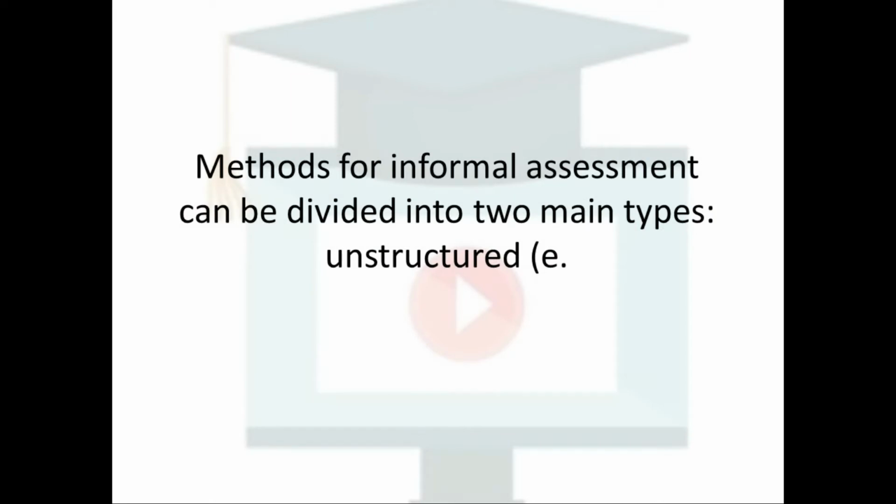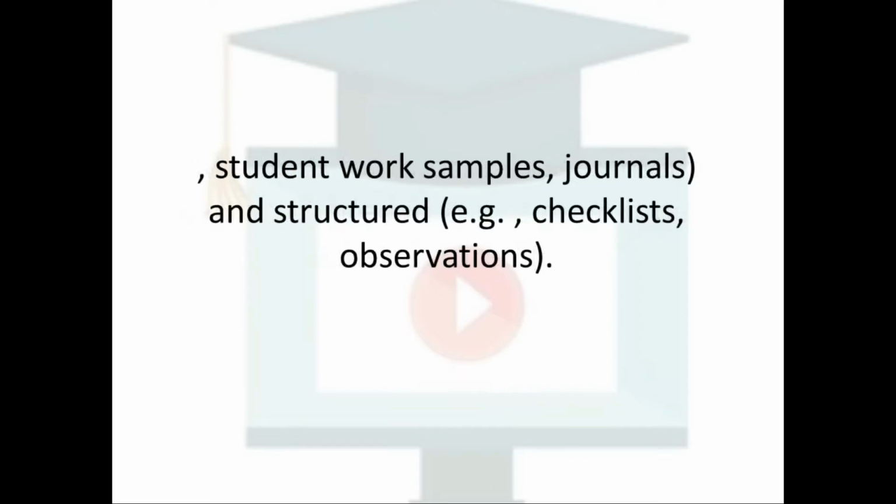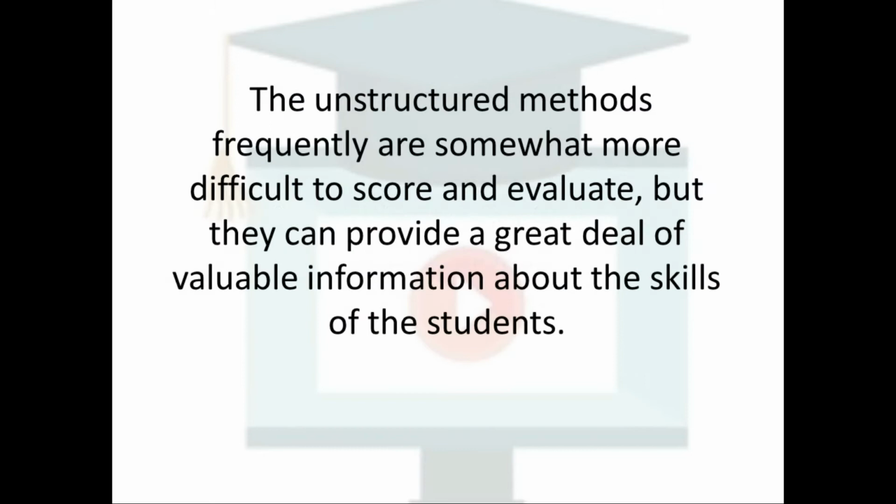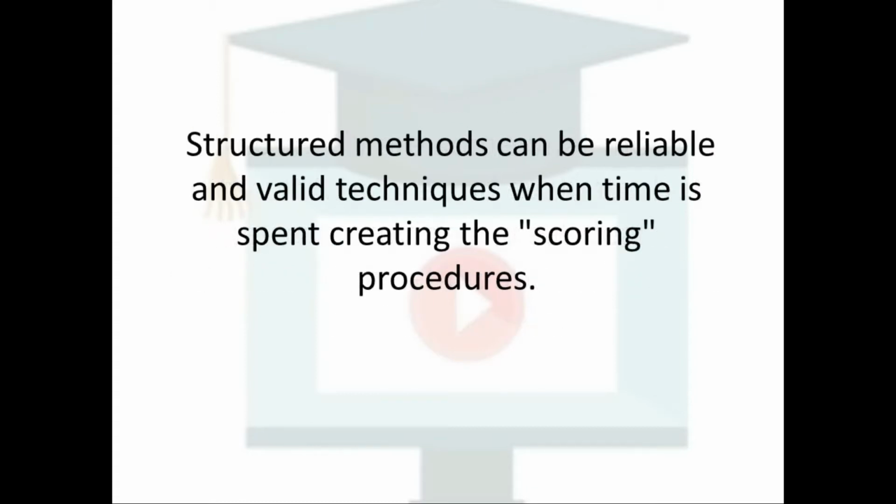Methods for informal assessment can be divided into two main types: unstructured, e.g., student work samples, journals, and structured, e.g., checklists, observations. The unstructured methods frequently are somewhat more difficult to score and evaluate, but they can provide a great deal of valuable information about the skills of the students.